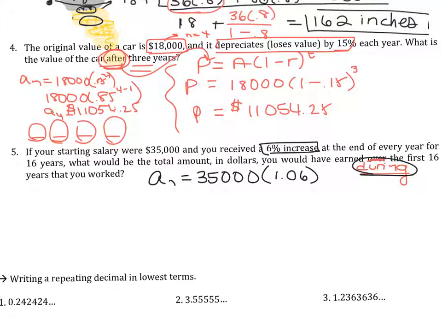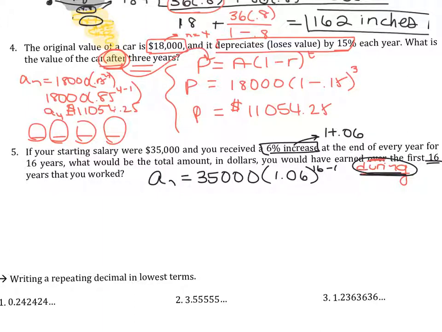You can also think about it as, since it's increasing, it'd be 1 plus 0.06. If it was decreasing, it'd be 1 minus 0.06. And then since it says during, 16 years haven't happened yet, so I have to do 16 minus 1.